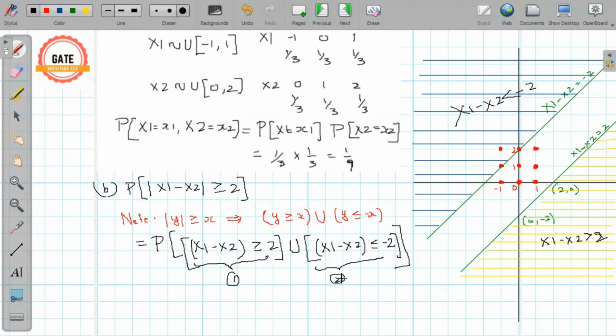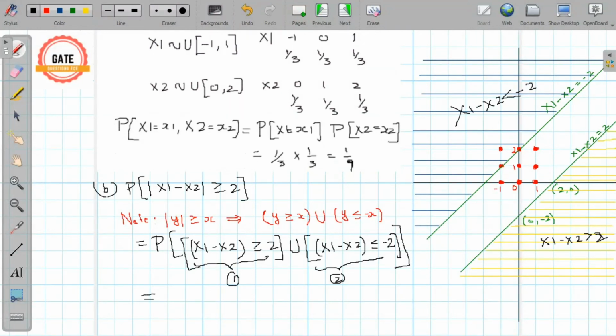So the region 2 includes this boundary as well as this blue region. So this inequality includes this blue region, this yellow region, as well as these two infinite lines.